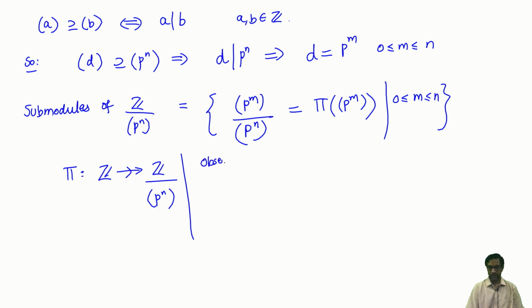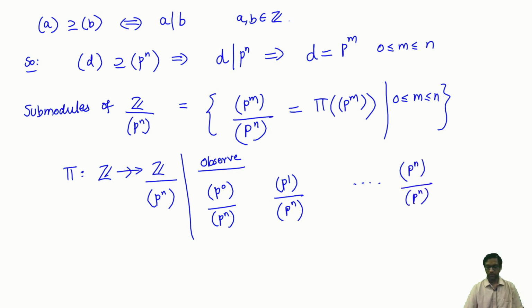So the key observation: I can look at pi of p^0 Z, or p^1 Z, all the way till p^n Z. The last one is just the trivial submodule of the quotient, and they're all contained one in the other in this way. This is the largest, this contains the next one, this contains the next one, and so on. So on this side is the 0 submodule, and on this side is the whole module. p^0 is just 1, so this is Z mod p^n.